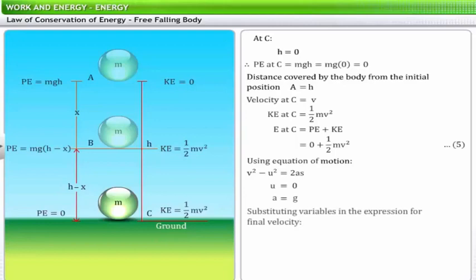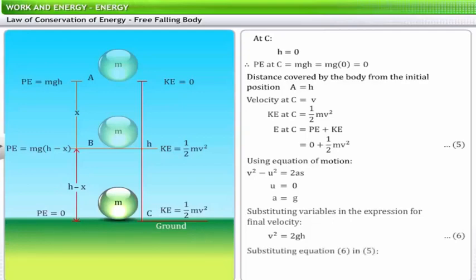By substituting the corresponding variables in the expression for final velocity and simplifying, you get square of the final velocity of the body at B as 2gh. Let this be equation 6.